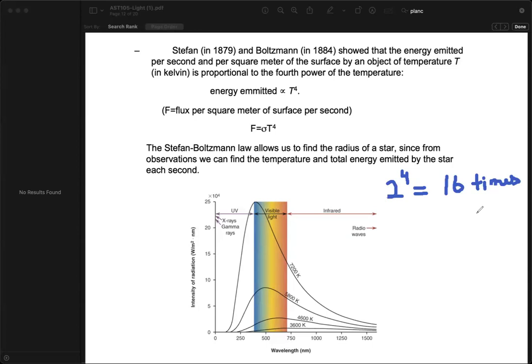In this chapter, in the homework, you'll be asked to do some calculations, and you have to demonstrate this understanding. Overall, in the long run, we combine this with some other principles, and this helps us determine the radius of the stars. So even though when we look at the stars, all of them just look like points to us, we cannot really look at them and measure how big they are. But with this process, we can determine their radius.